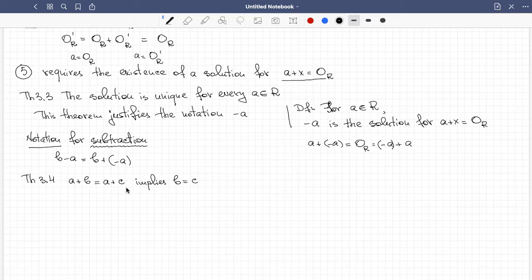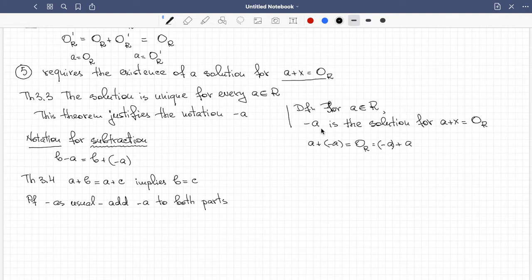The proof is going to be, as usual, you simply add the element negative a to both of them. So this element is the same plus negative a as this element plus negative a, and a plus negative a is 0 by definition of negative a.